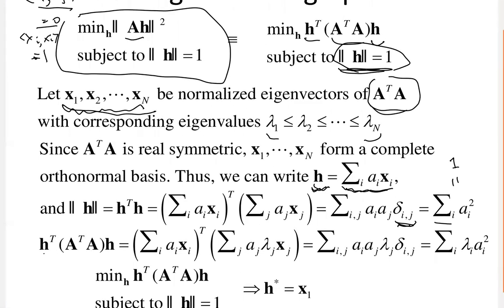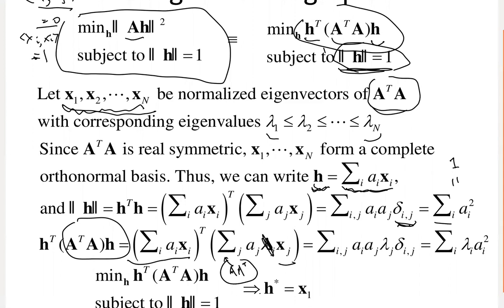And I can do the same thing for the objective function right here, H transpose A transpose A H. If I compute that, know that x are the eigenvectors of A transpose A, right? So A transpose A multiplied by x, this A transpose A can get inside the summation.